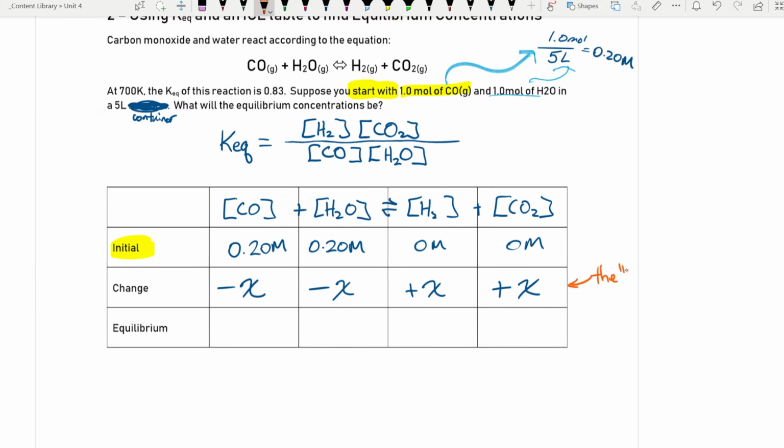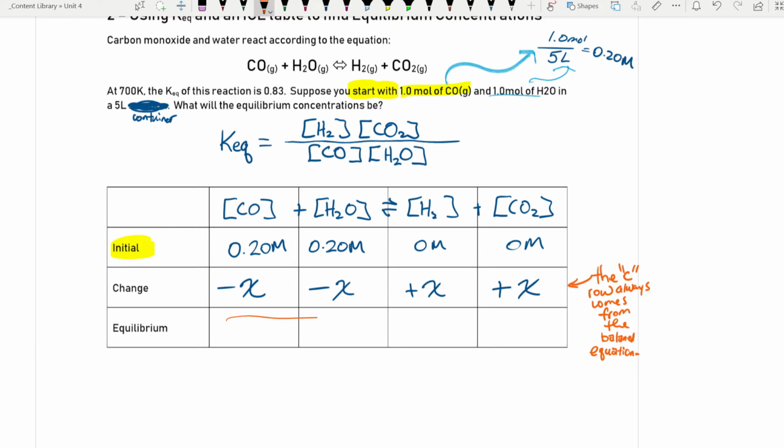The C row, the change row, always comes from the balanced equation. Okay, that's not too bad, is it?